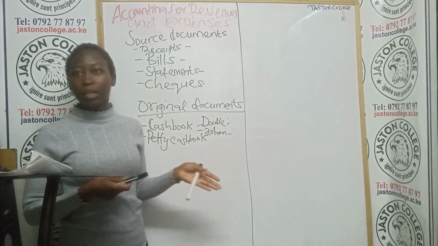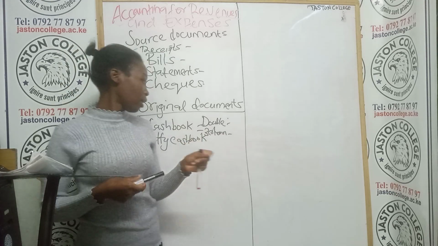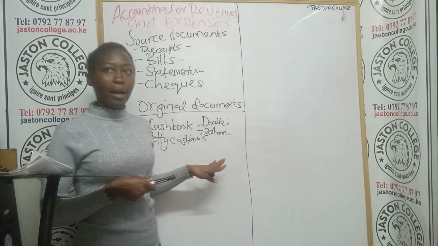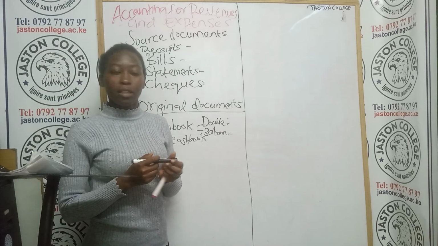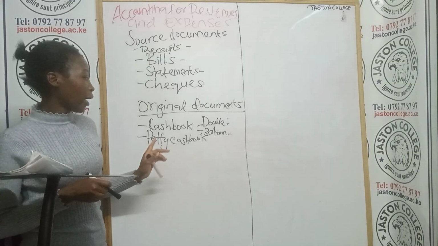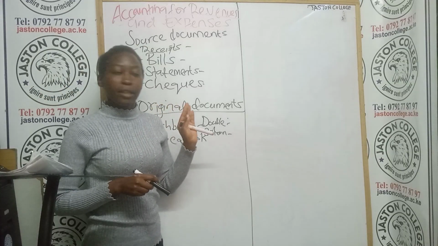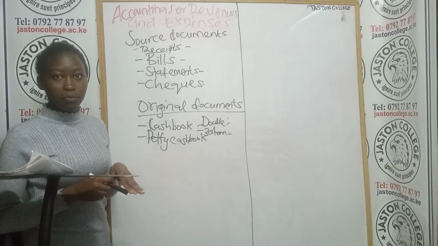Let's say examples like the bills, water bills, electricity bills. So those are our incurs that we get. So we put them in a petty cash book where it is used to record the small amounts of cash.